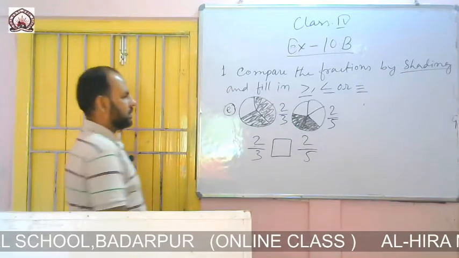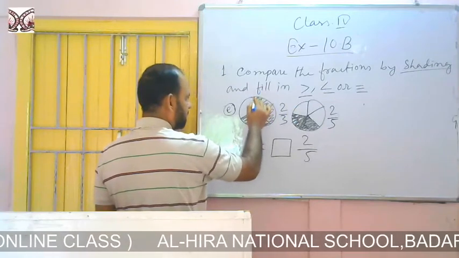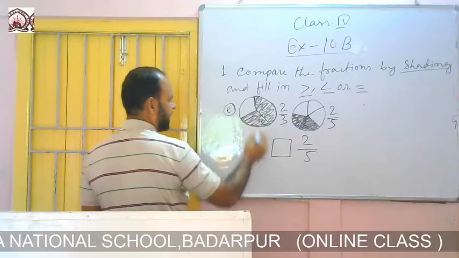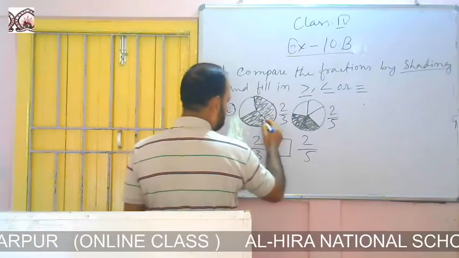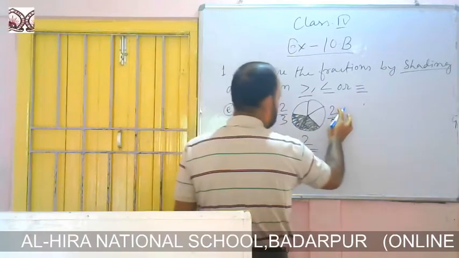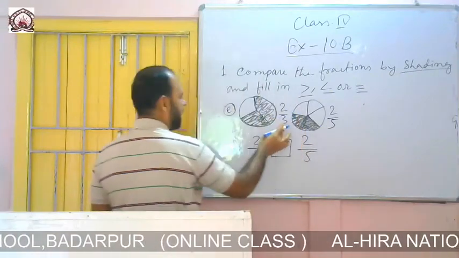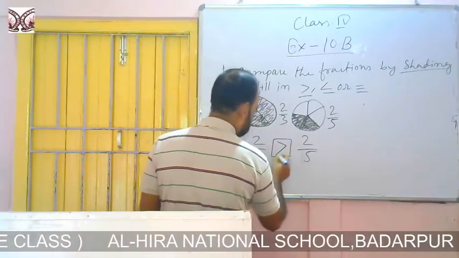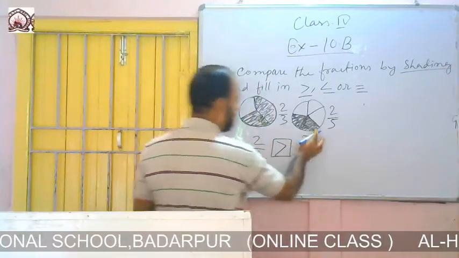Now see, 2 by 3 is representing this much and this one is only this much. So which one is bigger? This one, 2 by 3, and 2 by 5 is smaller than 2 by 3. So we can write 2 by 3 is greater than 2 by 5. This one is big, this one is small.